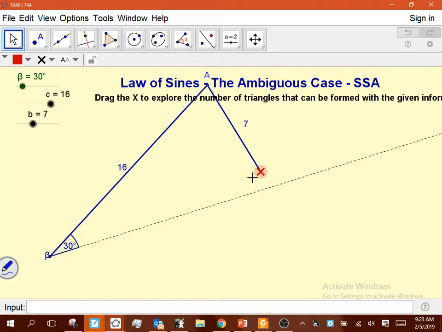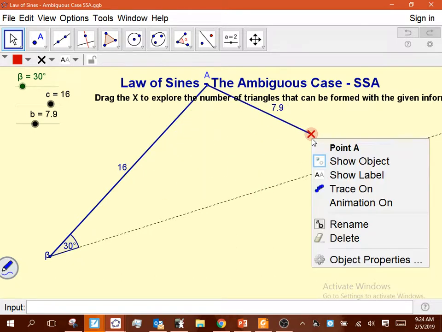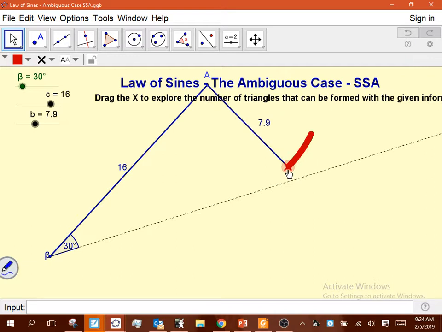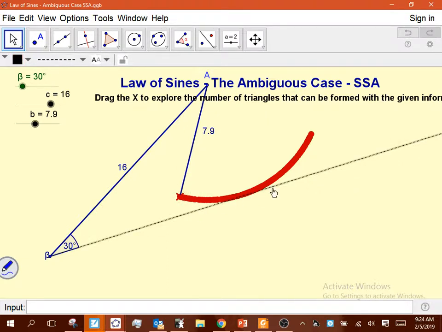The one solution case is kind of this idea that 7 has to touch just one time. Does that make sense? Meaning that if I were to draw that arc right there, essentially the circle that is going to be created by this segment, it would be tangent to that side there.